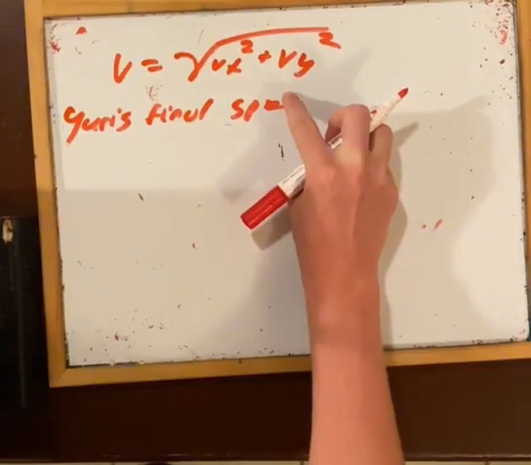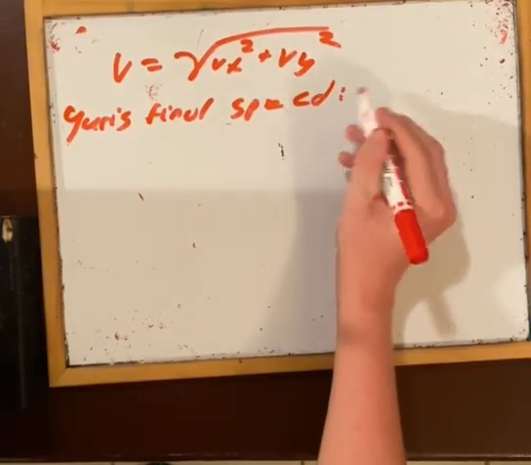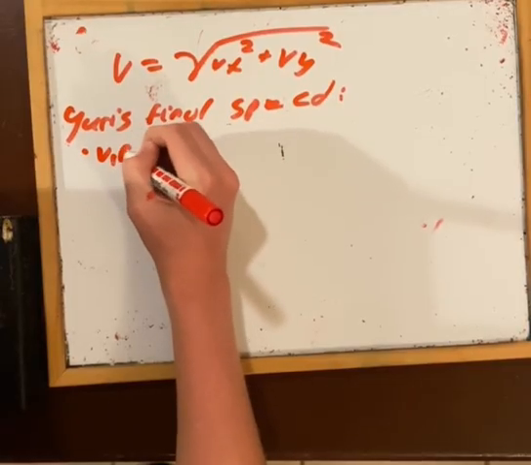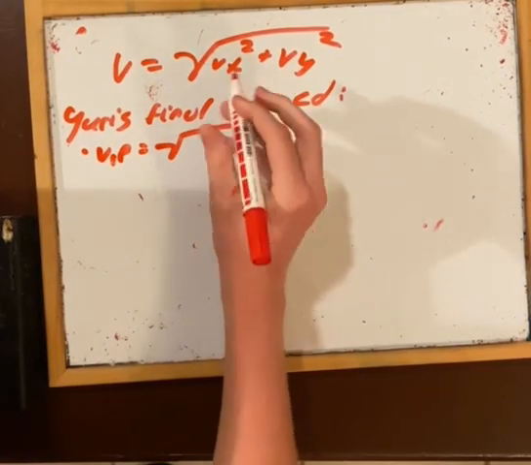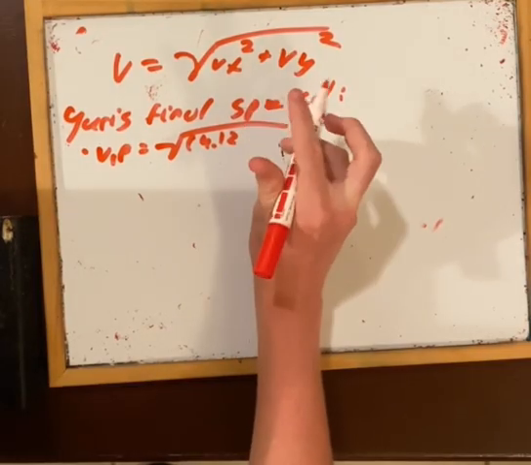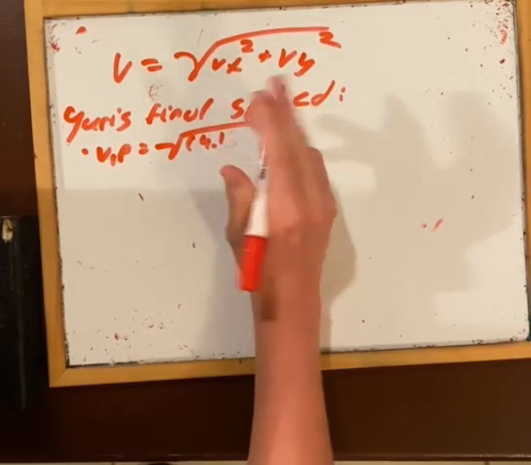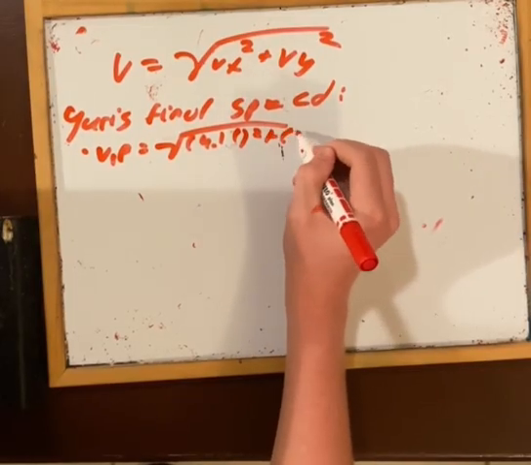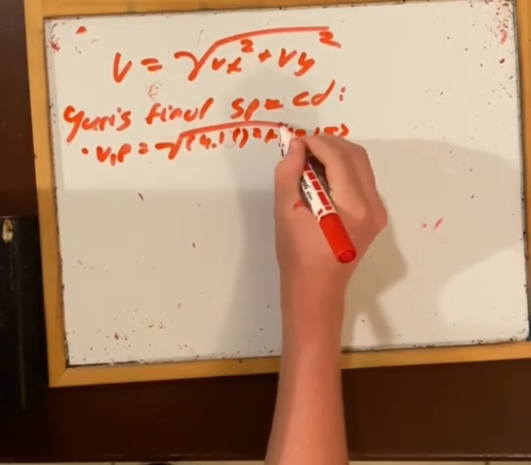So we'll do v1f equals the square root of 4.12 squared plus 2.15 squared.